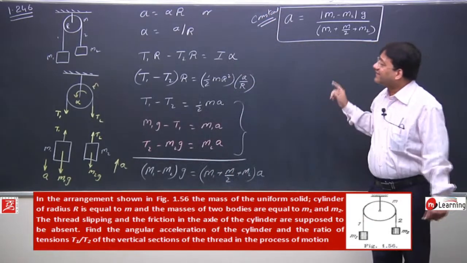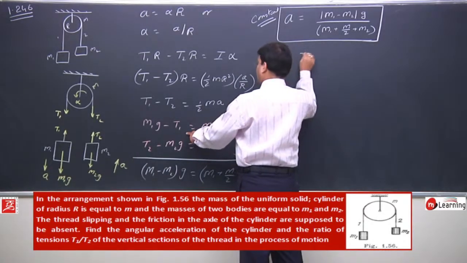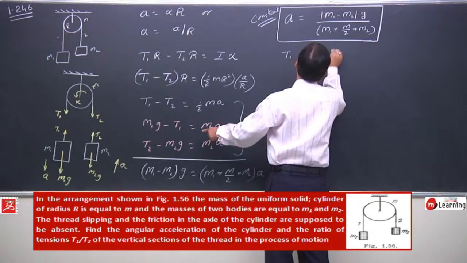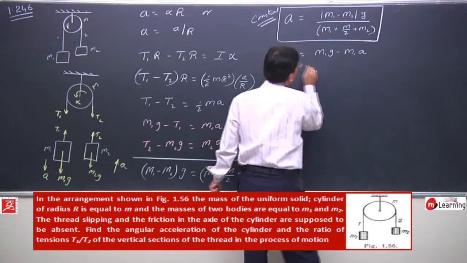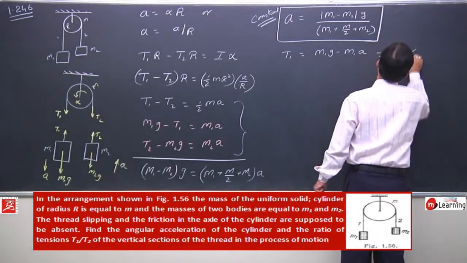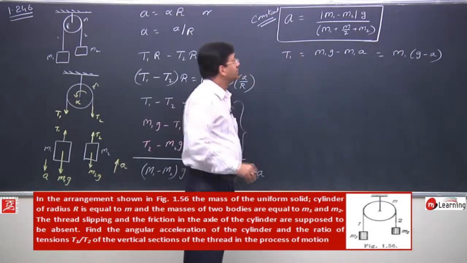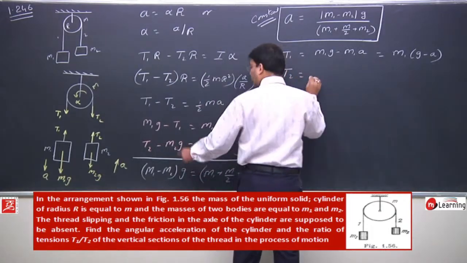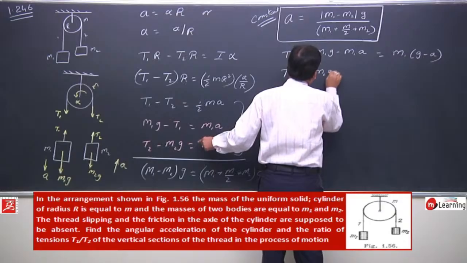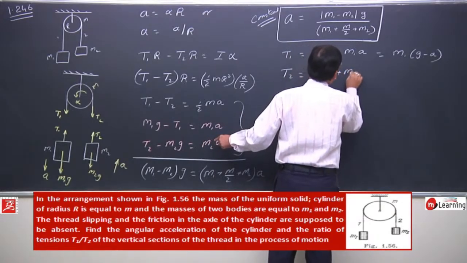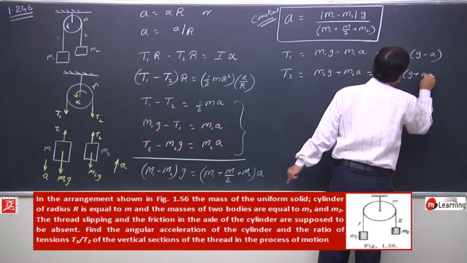Then they ask the ratio of the tensions. We will say tension T1 is equal to m1g minus m1a, that is m1 into (g minus a), and tension T2 is equal to m2g plus m2a, or m2 into (g plus a).